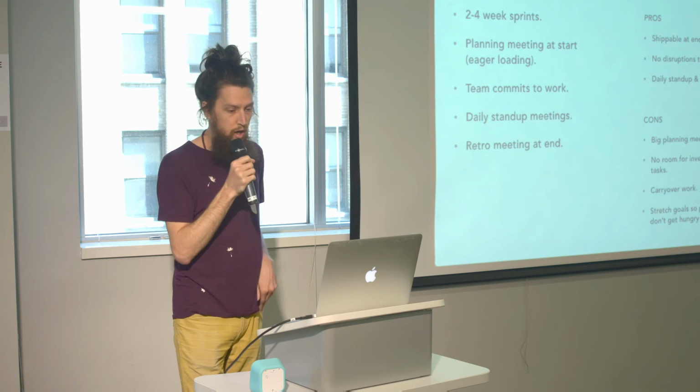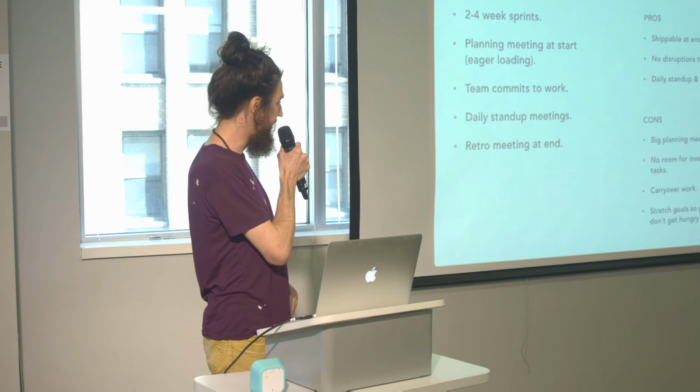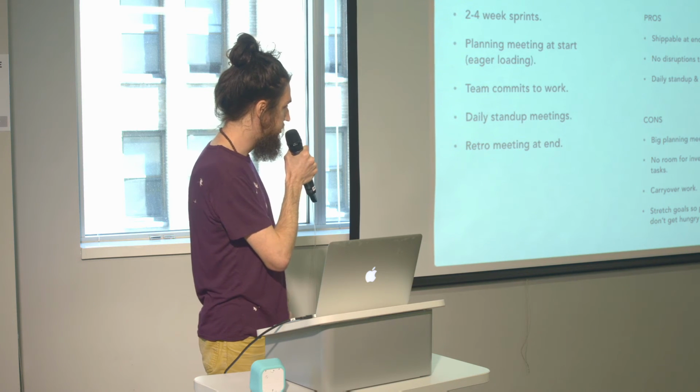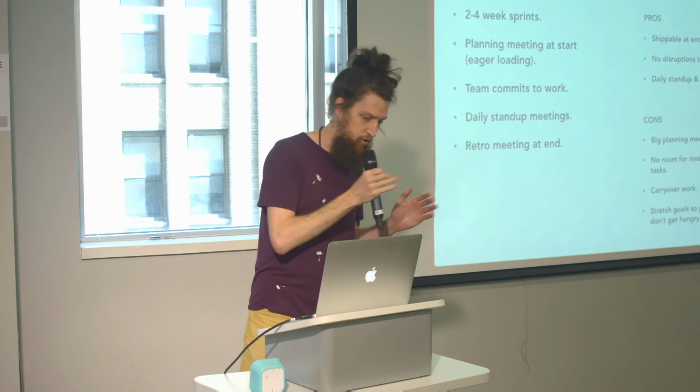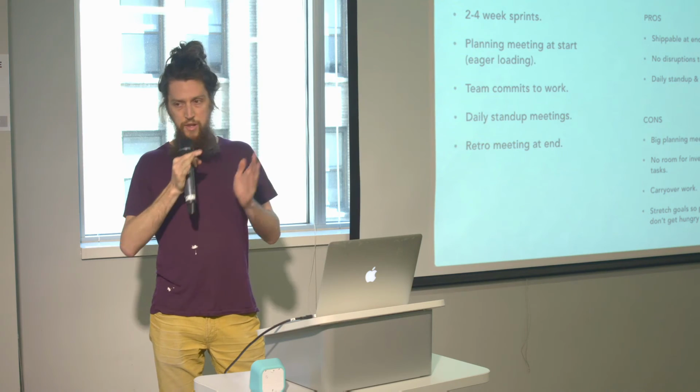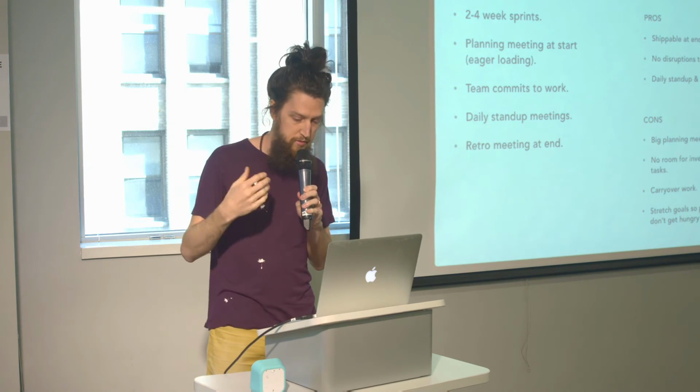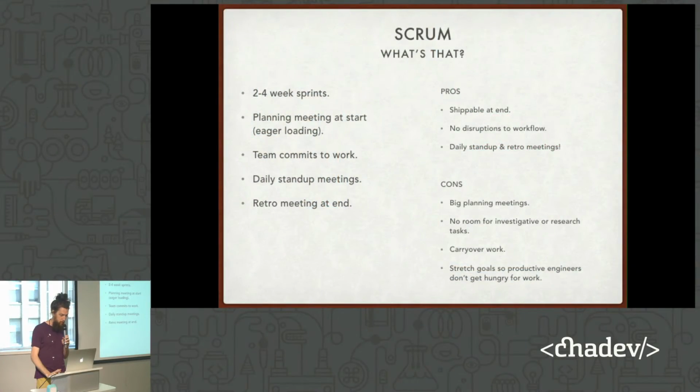So what do you do? What you end up doing oftentimes is allocating stretch goals. So you plan your sprint and you also plan a set of stretch goals for people to pick up if they run out of work.